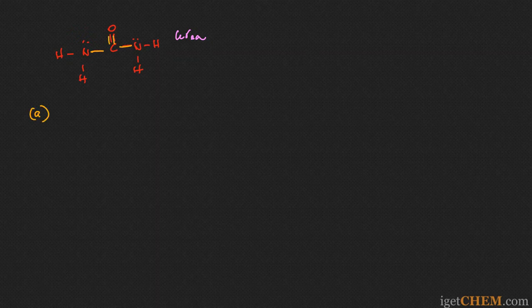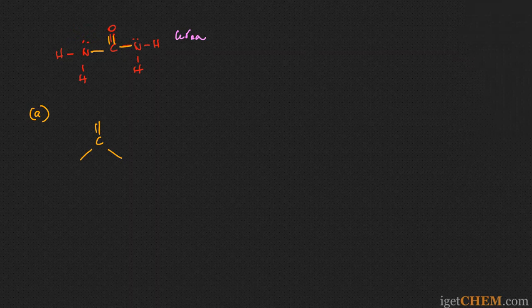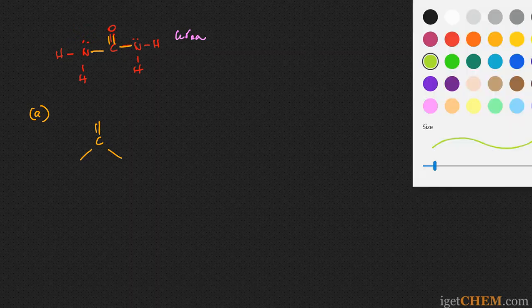So let me just draw that part of the structure so that you can see what I am talking about. According to VSEPR, in order to figure out the geometry of the bonds around the carbon, we have to find the number of electron domains surrounding that carbon atom.